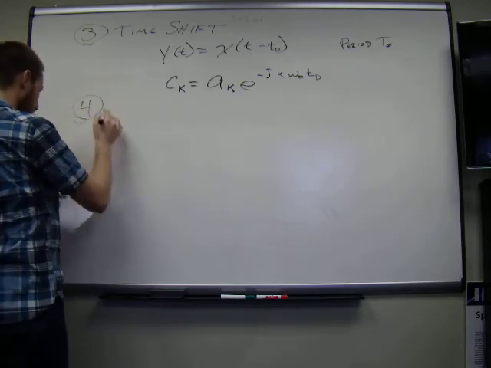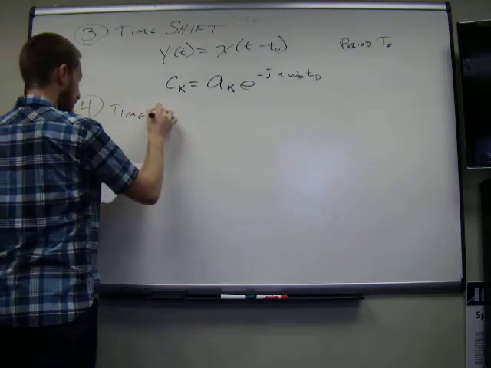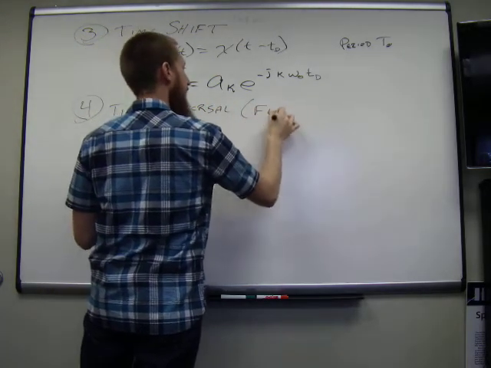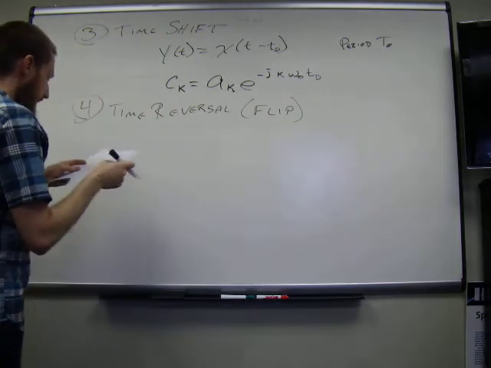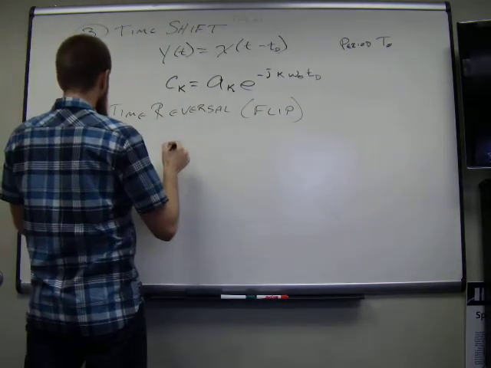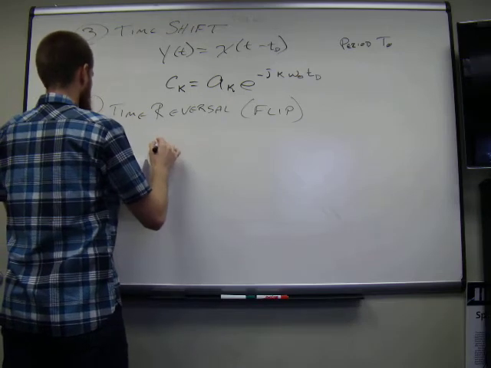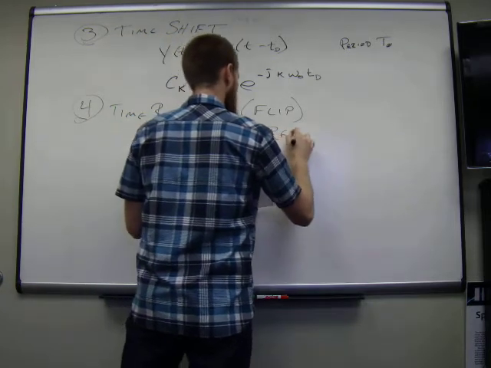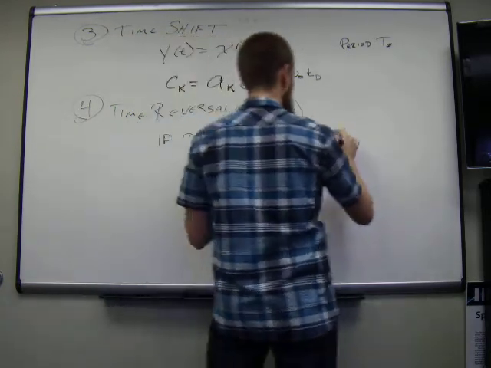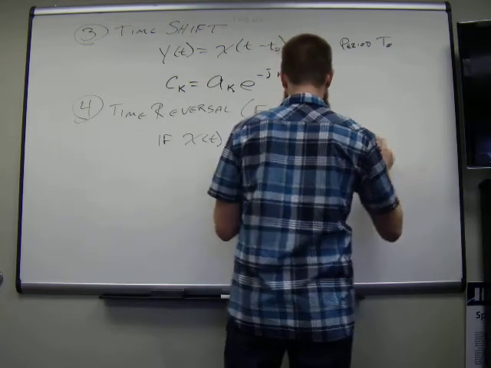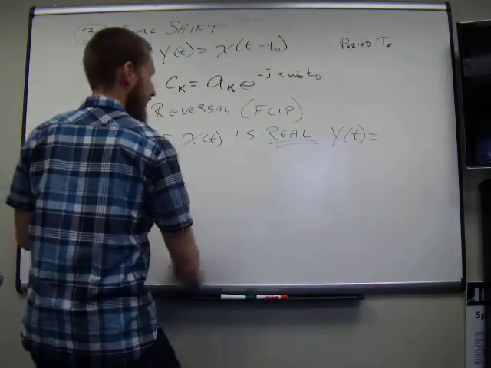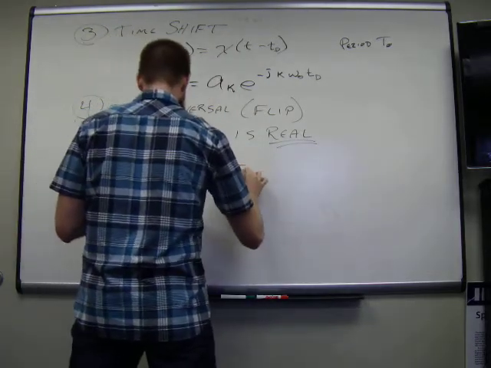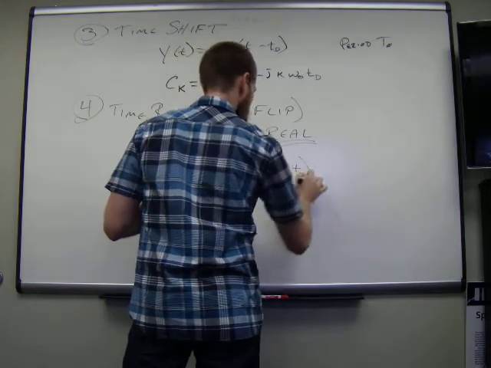Alright, 4. Time reversal. A flip. Alright. So if x of t is real, y of t is equal to x of negative t.